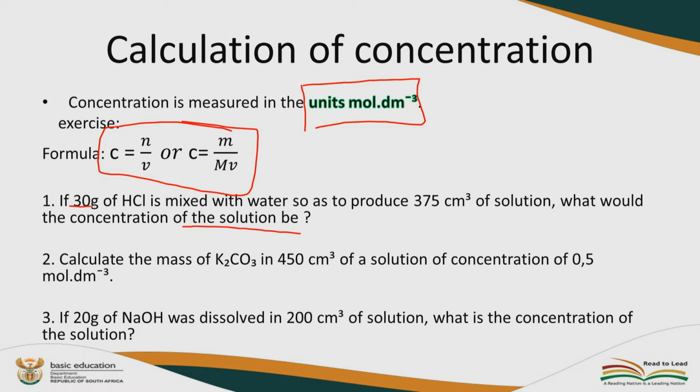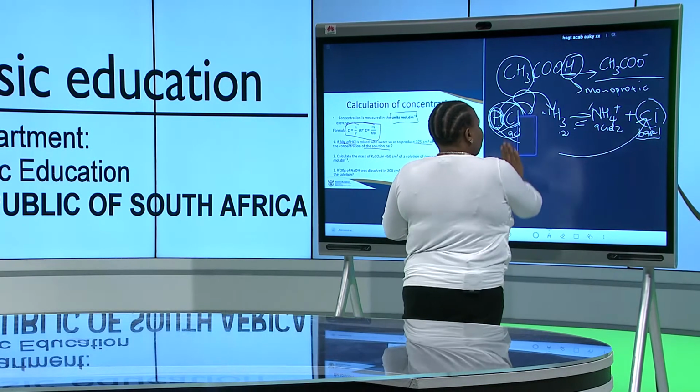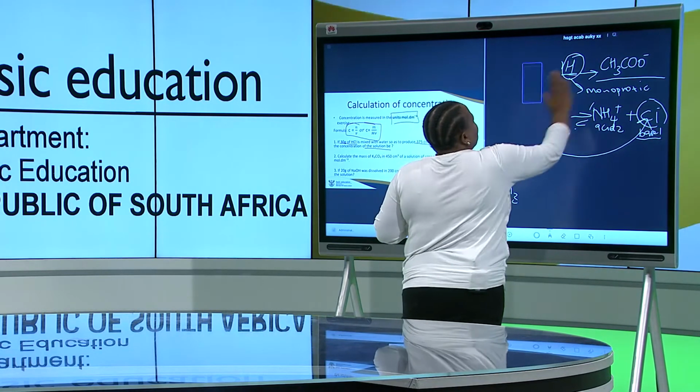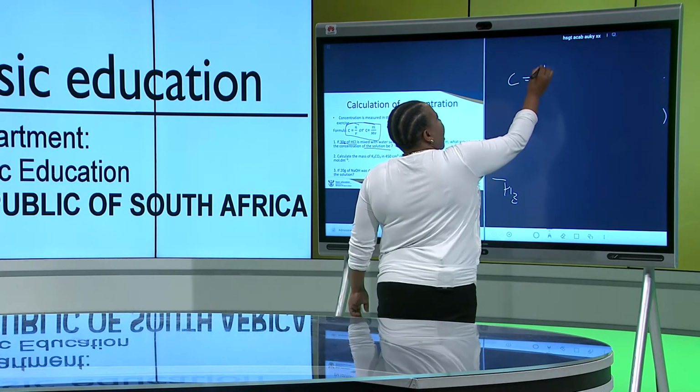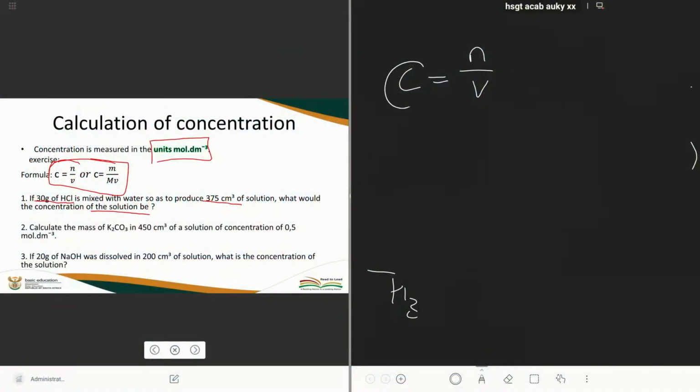Now, all the information that is given to you is very important. Remember, from the formula of concentration, you know that C is equal to n over V, meaning that for you to calculate the concentration, you must know the number of moles. Remember, n is the number of moles, and V is the volume of the solution.